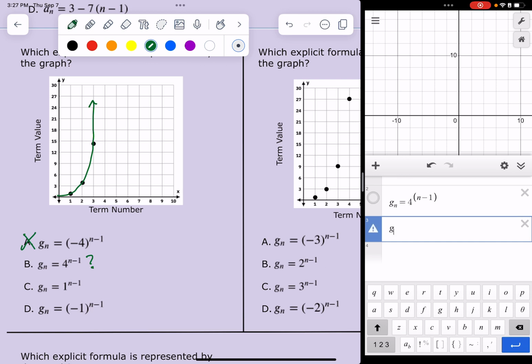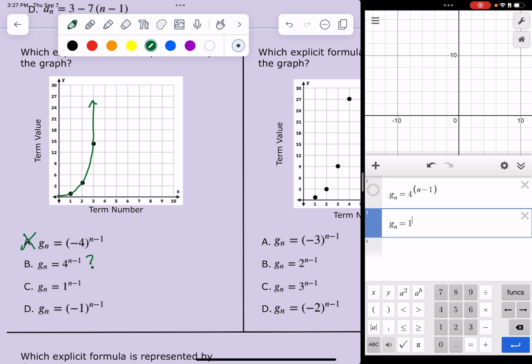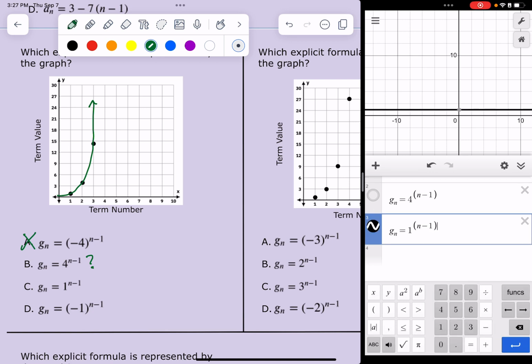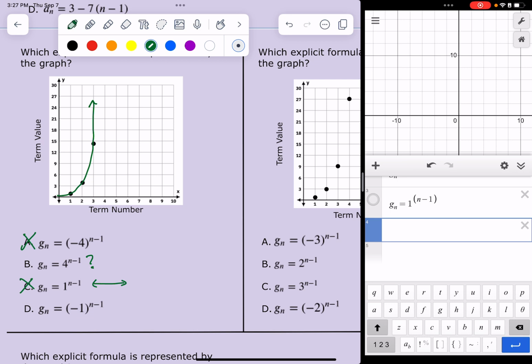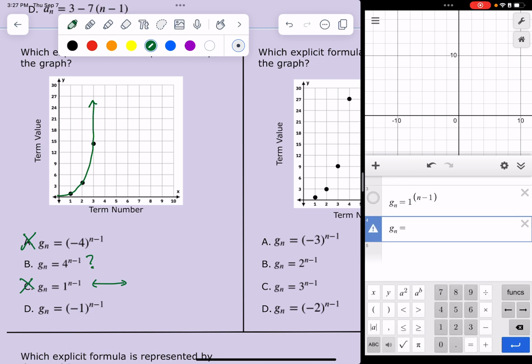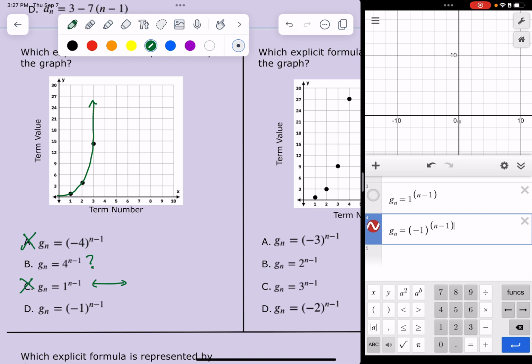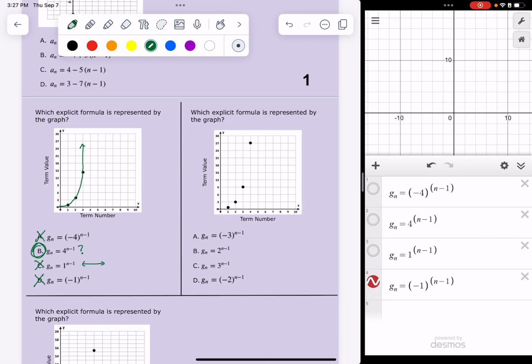G sub n equals 1 to the power of n minus 1. And that's just a straight line. So we know that cannot be my answer. Now let's check D. G sub n equals negative 1 n minus 1. And we see nothing happens again. So B would be my answer.